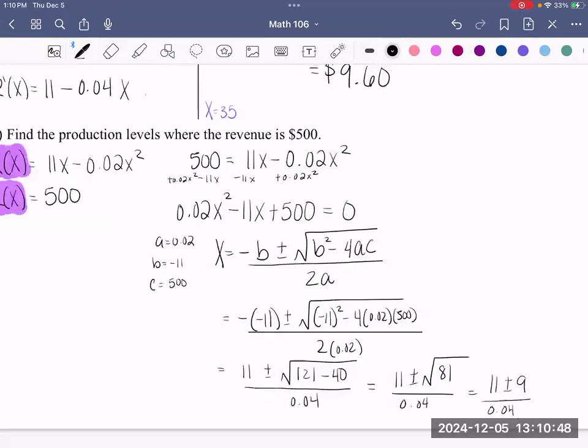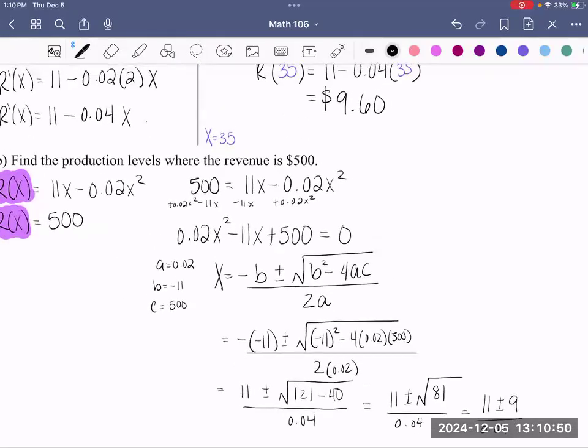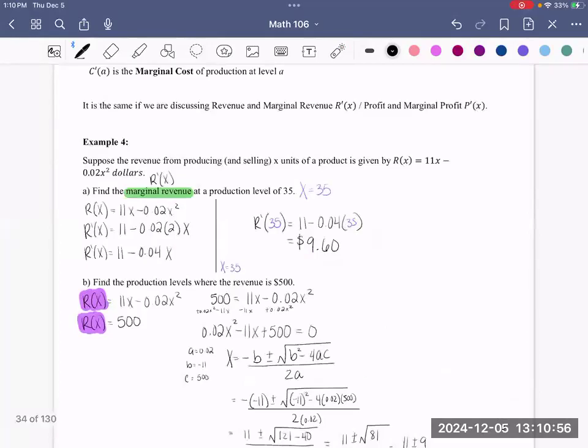Now, we want to figure out where your production level is at 500. Because it's a quadratic, let's say a quick visual. There we go. Let's say this is your 500 mark, which is actually a terrible picture of this.